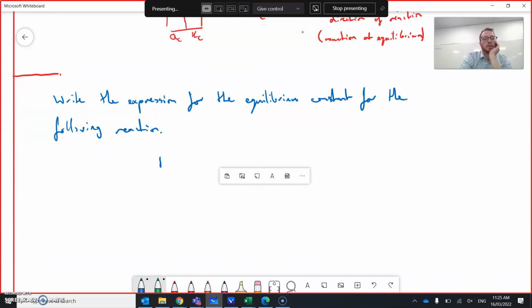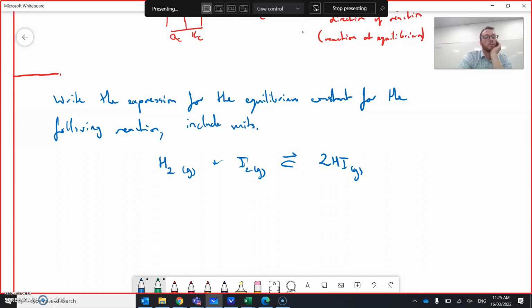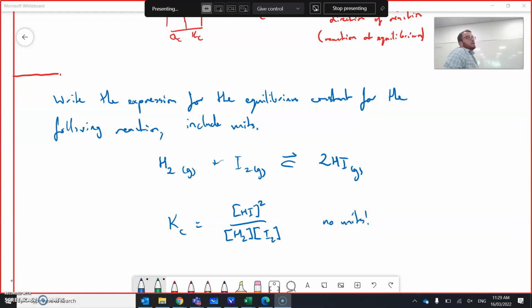I have H2 gas plus I2 gas goes to give 2HI gas, right? Ensure to include units. So, trick question with the units. There are none, because I've got molar squared divided by molar squared, which cancel out. So highlighting the fact that units change with the equilibrium expression.